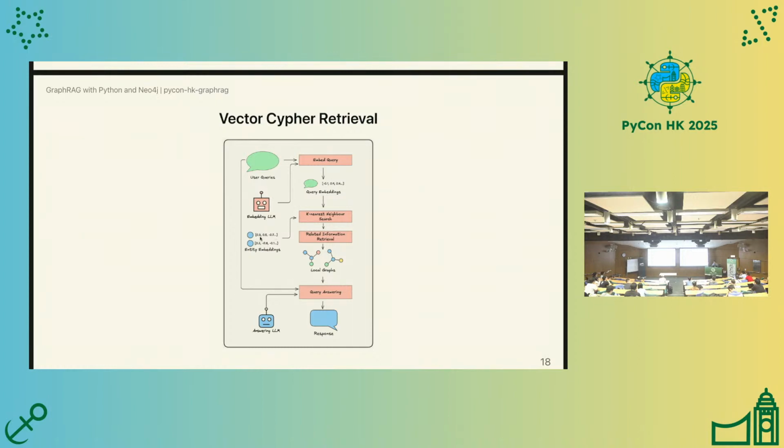And then you compare these vectors with your query vector, find the top k most similar results, and then based on those nodes, you run a Cypher query to extract the environment around it. Or you can do some extra stuff because it's just a Cypher query. You can find what's happening in between them or something like that to get some local graphs. And then Neo4j returns the graphs, and then you can parse them again to pass them to an LLM and then answer the query.